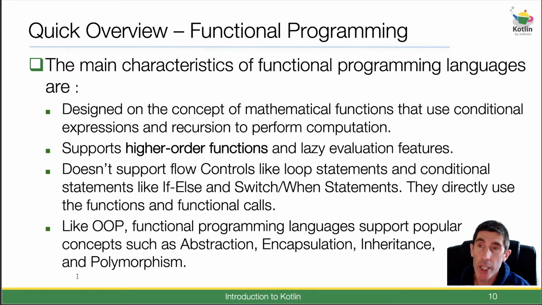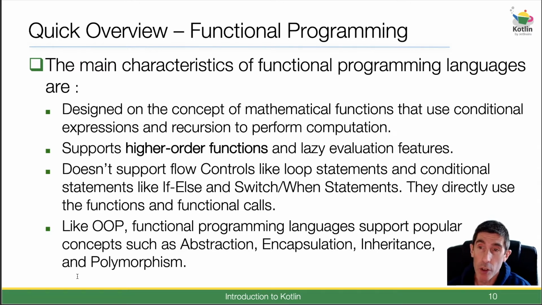Some of the main characteristics of functional programming languages would be the following. They're designed on the concept of mathematical functions that use conditional expressions and recursion to perform computation. Now again, recursion can get quite confusing, but they've kind of leveraged it here in functional programming, and it's kind of under the hood in Kotlin, so we don't really have to worry about it too much.